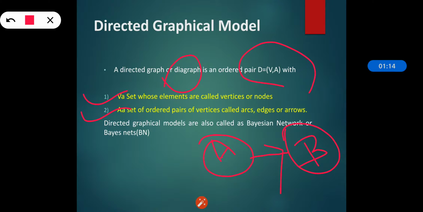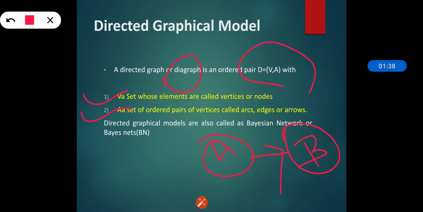The directed graphical models are also called Bayesian networks or BayesNet, that is BN. The Bayesian network is a directed conditional independence graph having a probability distribution, along with the family of conditional probabilities of the factorization which is induced by the graph.